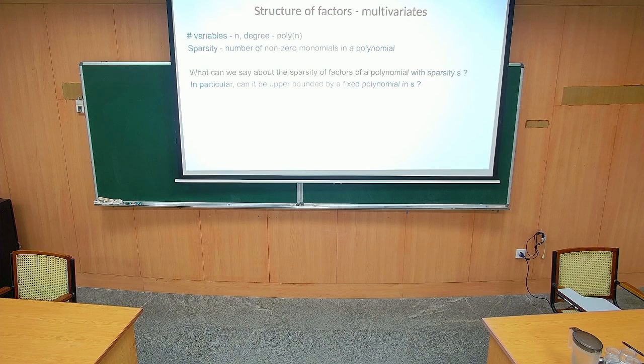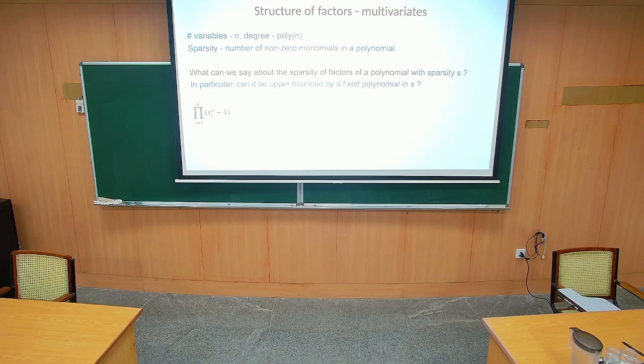In particular, and this is a very computer science motivated question, is the sparsity of factors upper bounded by a fixed polynomial in s? Meaning, if f has s terms, then any factor will have s to the 10 terms, or s to the 100 terms, some constant, something that doesn't grow in s. And the answer to that is, well, no.